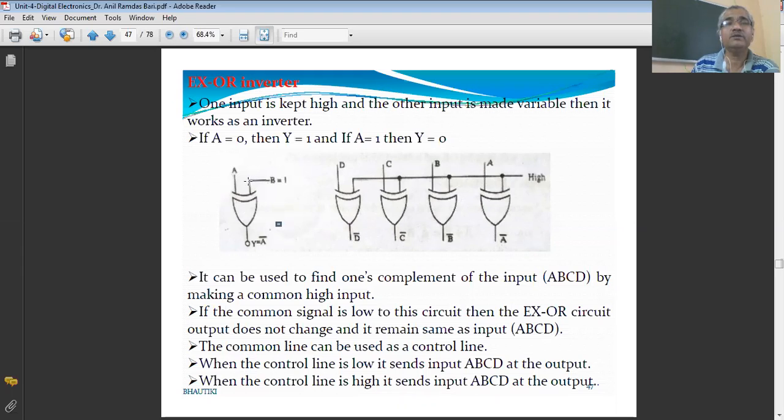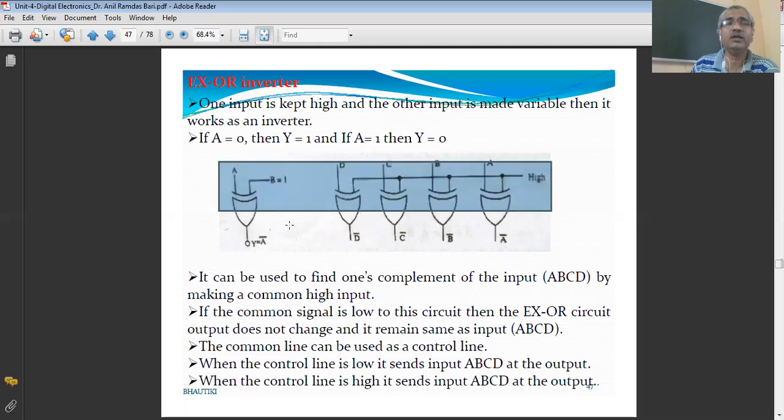When A is equal to 0, B is equal to 1, so the inputs are different, therefore the output is high. So you will get 1. But if A is equal to 1 and B is equal to 1, the inputs are the same and the output will be 0.